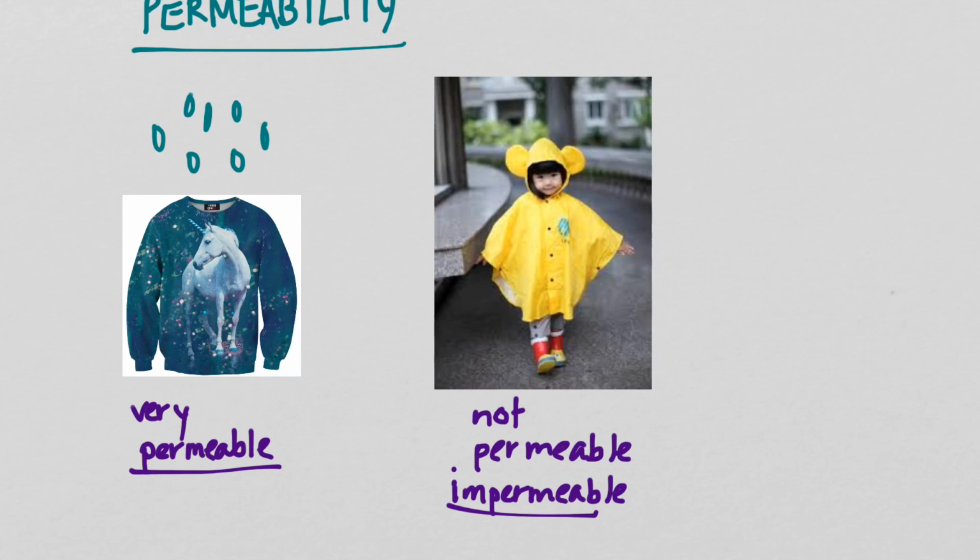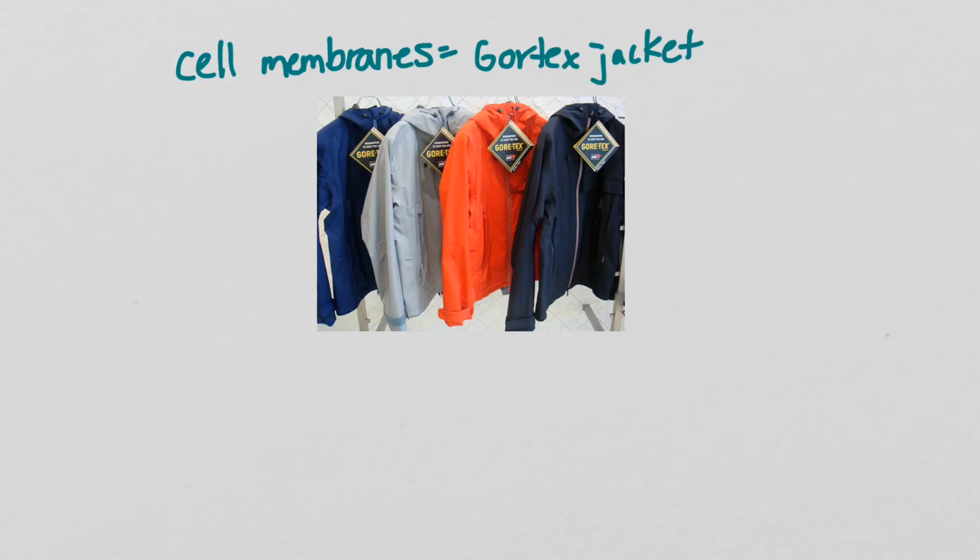But cell membranes are going to be kind of in between these two things. They're kind of like a Gore-Tex jacket, actually. And what's great about these jackets is they allow perspiration, your sweat, to actually escape, but they won't let drops of water in and make you wet from the rain. So this Gore-Tex jacket, it selects what can go in and what can come out of the material.